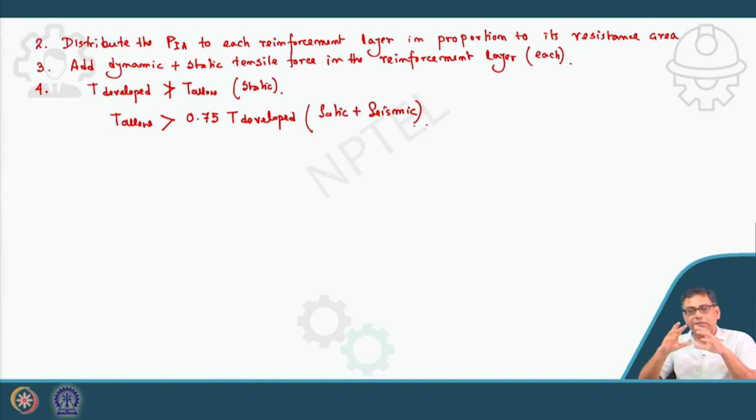That means that force is reduced by a multiplication factor of 0.75. In other words, the factor of safety in the seismic case is reduced as compared to the static. So, in that case T allowable should always be greater than 0.7 times of T developed, and for static, if I write in the same way, it should always be T allowable greater than T developed.